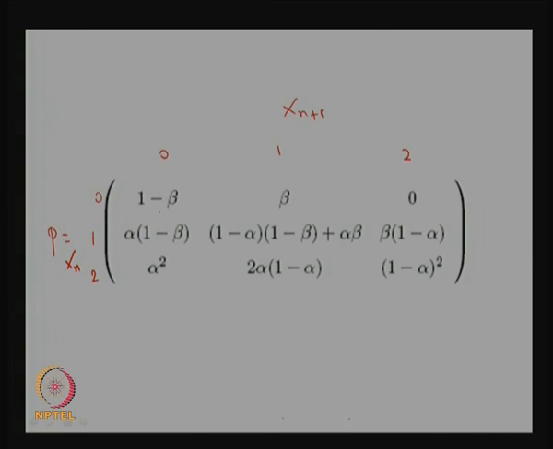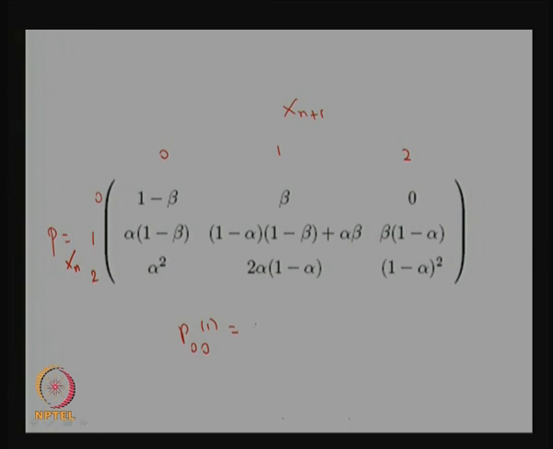The first entry, 0 to 0, gives the probability that in the nth step the number of working machines is 0, and in the n plus 1th step also 0 machines are in working condition.